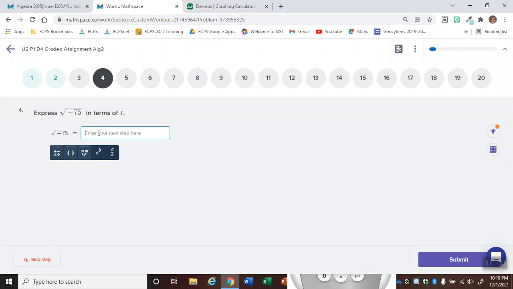All right, so I've got a 5, and then I've got a square root of 3, and then arrow out because the i is not under the radical. 5 radical 3, that's your decimal, and then you have i, because the square root of a negative gives you the i.